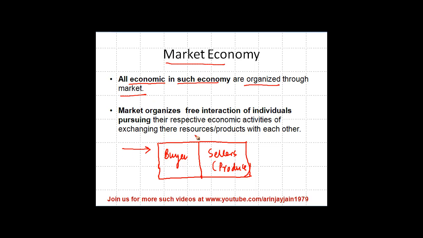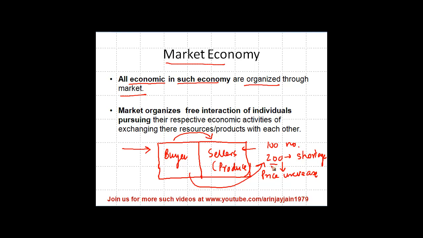So what happens is that the buyer buys goods. Suppose the sellers have produced, let's say, 100 units of a particular good, and the buyers like it, and they say, no, we want 200. So there's a shortage of these goods, and when there is a shortage, the price increases.